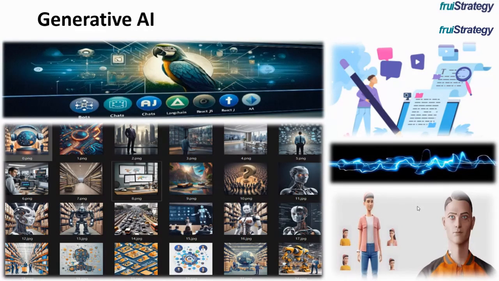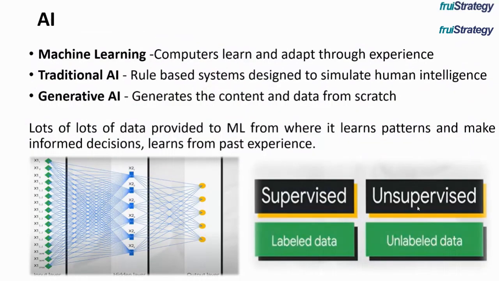We'll learn a little more about the various tools and techniques available, and before jumping in, let's understand a little bit more, because it can be a little confusing, as we have AI, ML, deep learning, and we also call traditional AI under generative AI. Once again, I'm repeating: learning from experiences and adapting to whatever new identifications it comes up with, that is machine learning, whereas traditional AI is completely rule based.